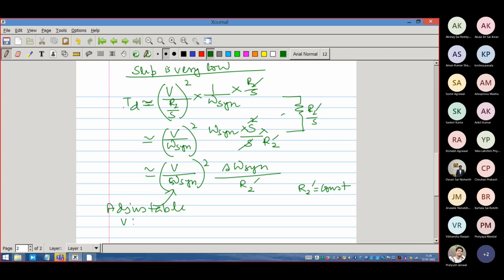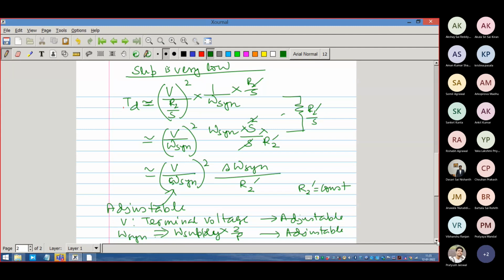V has to be interpreted now as terminal voltage. Omega sin is nothing but omega supply into 2 by P. P is number of poles and pole is a frozen thing. So it is also adjustable. Omega supply is also adjustable. This is the adjustable thing.